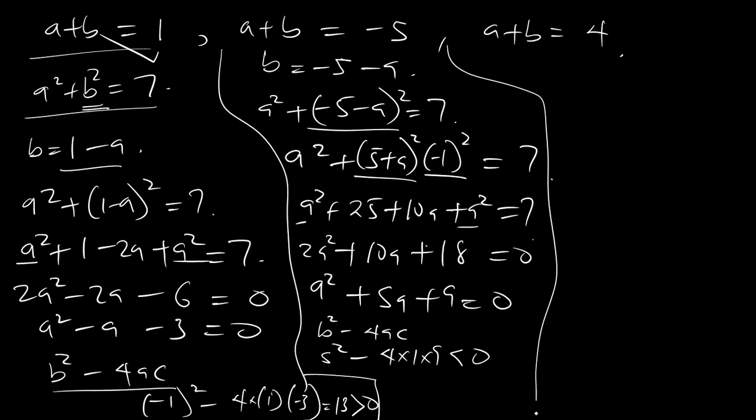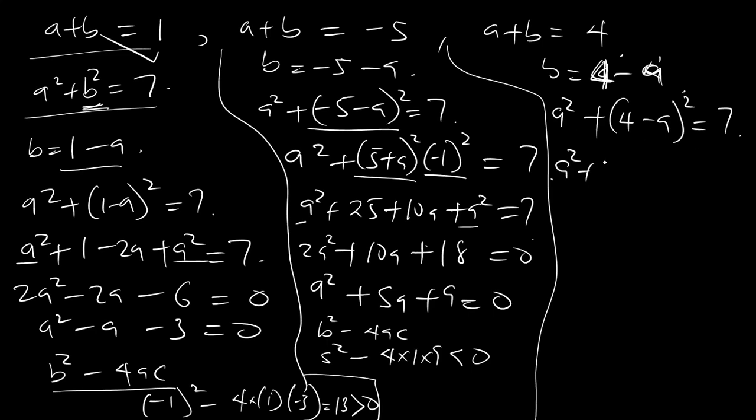Now let's look at this other one. You have b equal to 4 minus a. So substitute into this equation. You have a square plus (4 minus a) square is equal to 7. So if you expand this, you have a square plus 16 minus 8a plus a square is equal to 7.